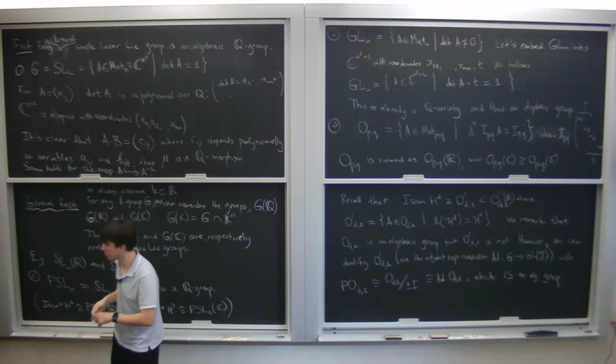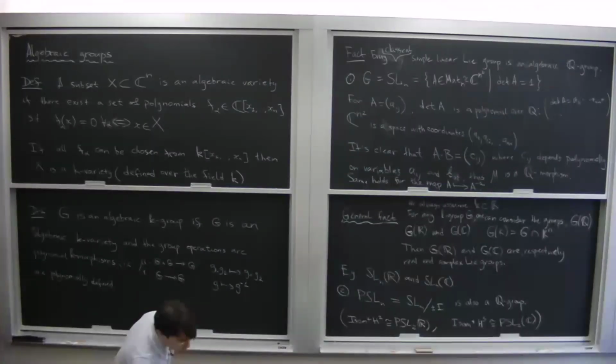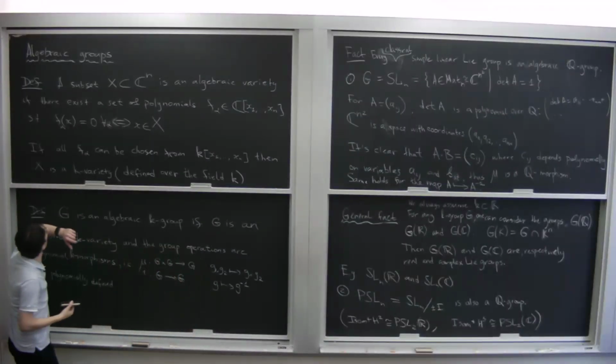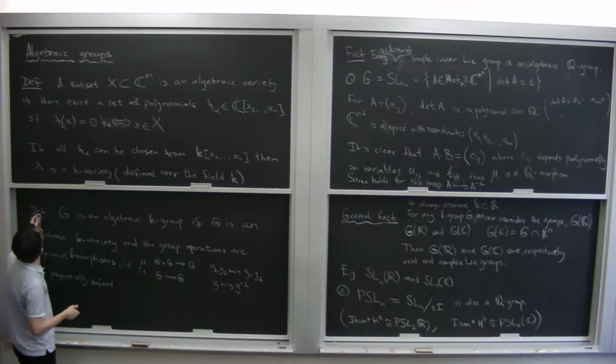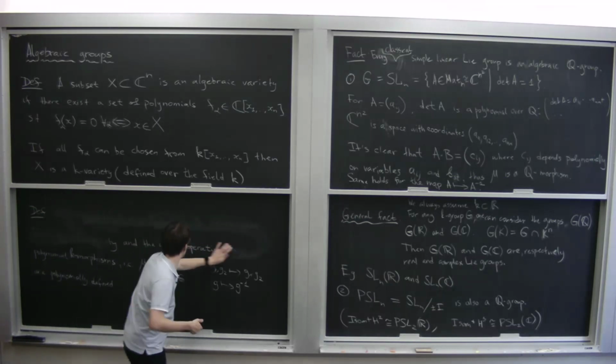I think I have a few minutes more, so let me switch back to this left board. For algebraic varieties, I will keep the above, and I will write it down here.